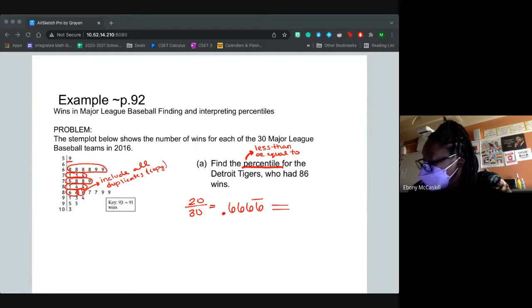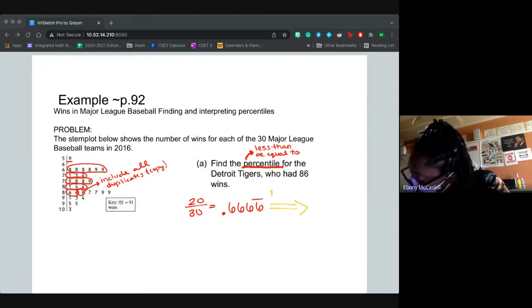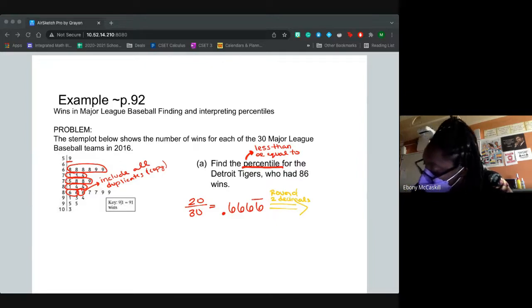So when you make it a percentile, I'm going to do it in a different color. When you do a percentile, you want to round to 2 decimal places. So I'm going to take the first 2 here, look here, and round it. So I'm left with not 0.67.